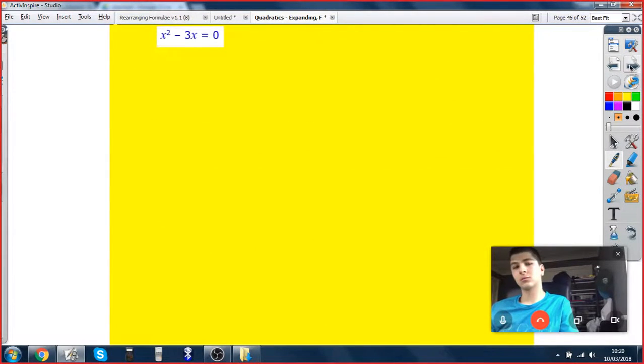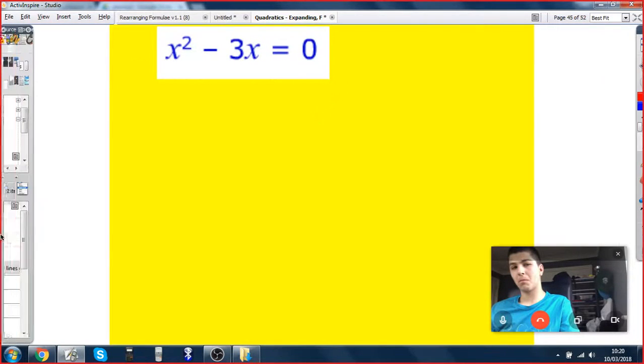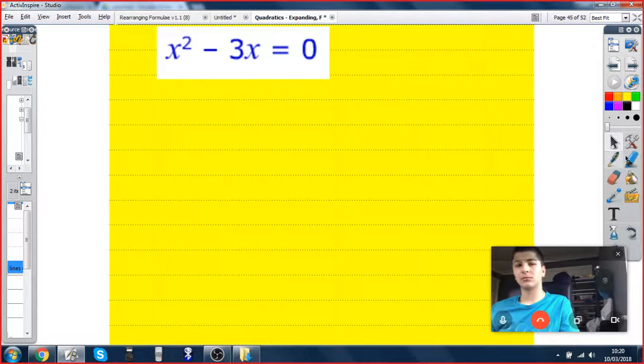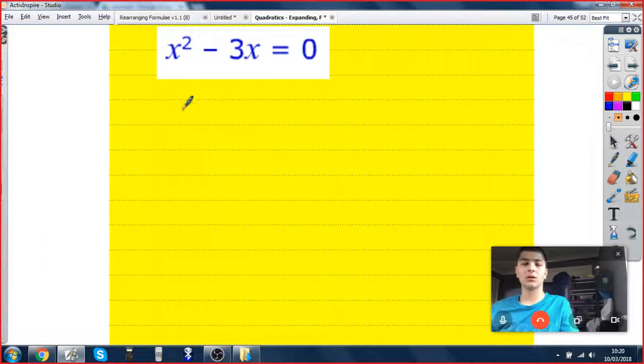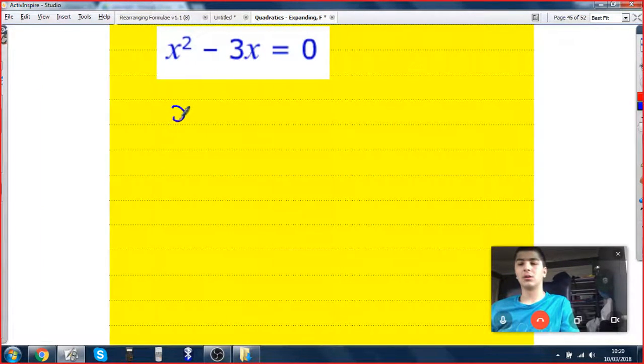These are all very similar. Okay, let's try this one. So do we put x outside the bracket and then we put x minus 3 inside the bracket? Yep. And then would we split those two up so that it's x equals to, and x minus 3?